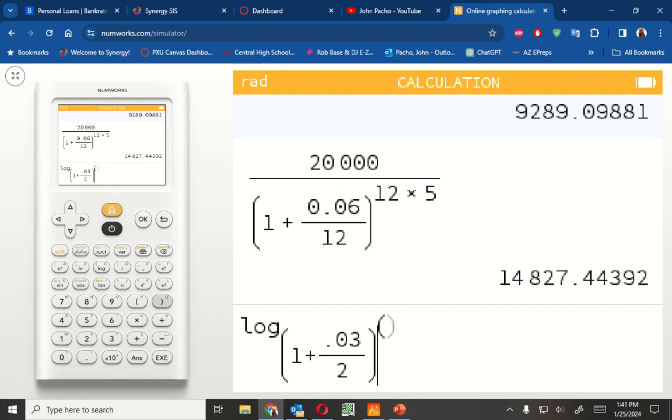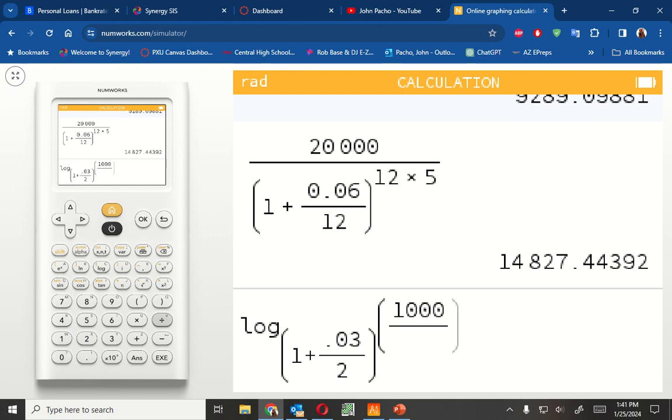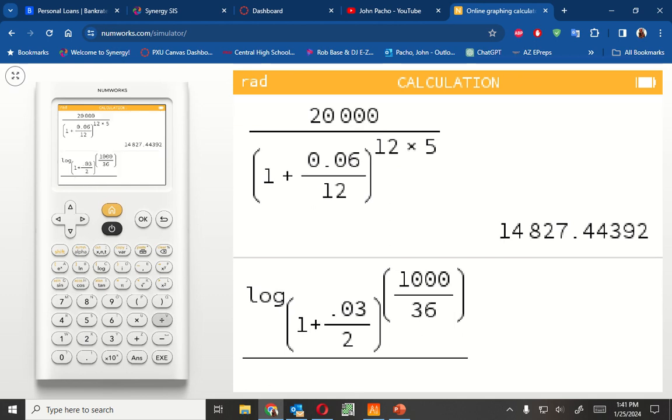Close. Now, if you notice, the log already opened up a parentheses for me. I didn't put that there, so don't make it into an exponent. So I'm going to arrow over to my 1,000 over, what's my 36? Yeah. Okay. Now I'm going over here, closing it. Now I arrow over to make sure I'm past all that. So I don't mess this up. I hit divide one more time so it puts the whole thing over my N, which is 2.